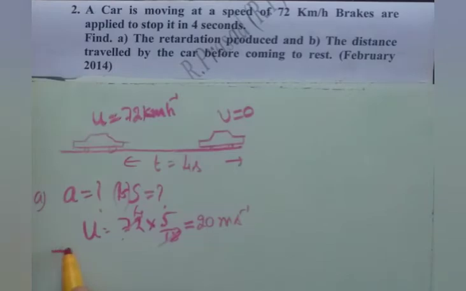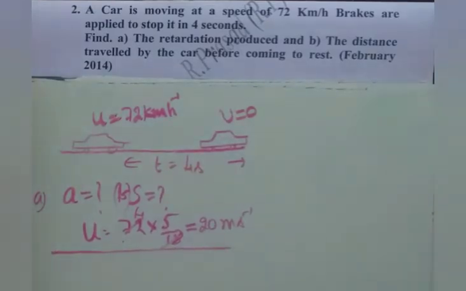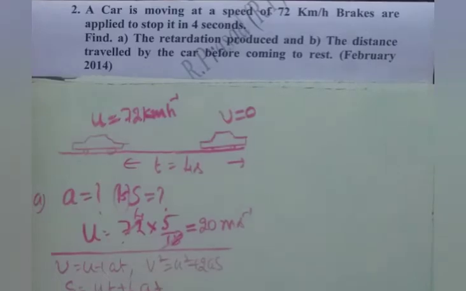To analyze means what to do? Can you tell? To analyze means what to find? Say A is to be found. We have three equations. V equals U plus AT. V square equals U square plus 2AS. And S is equal to UT plus half AT square. Just observe which equation we want to use.